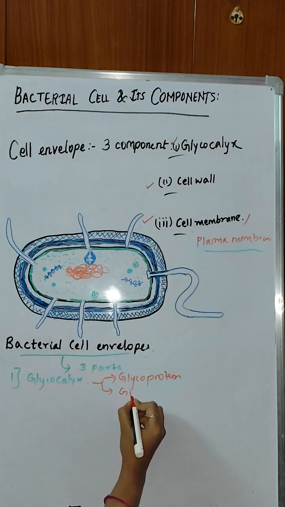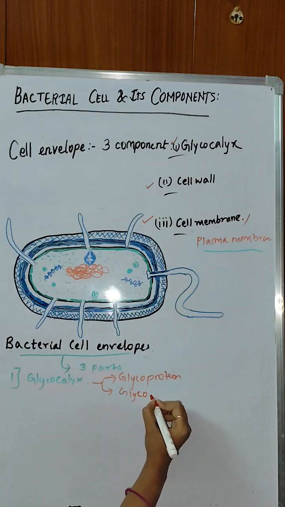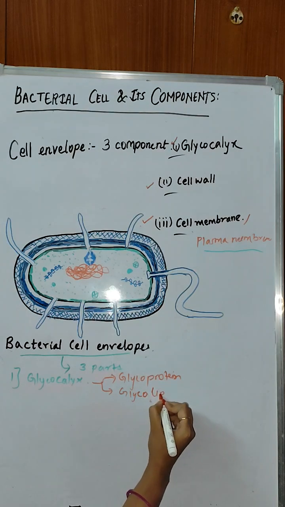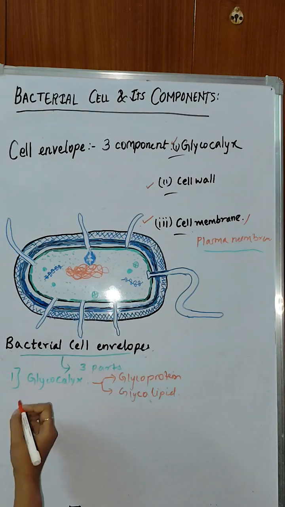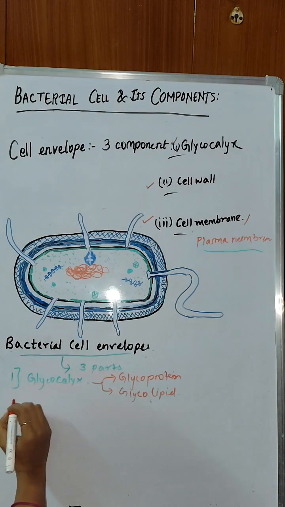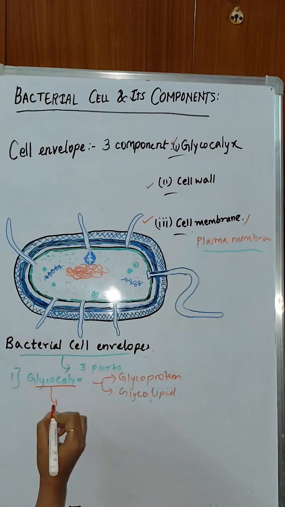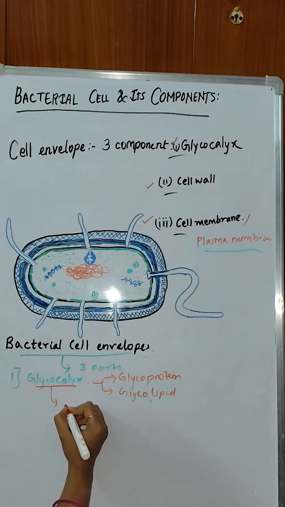The innermost part is protein rich or peptide rich, it is glycoprotein, and the outer one is glycolipid or carbohydrate rich, also known as mucilage. This glycocalyx is not very essential for the survival of the cell, so it is considered secondary, having a secondary function.